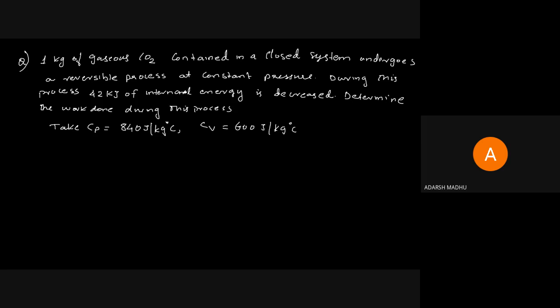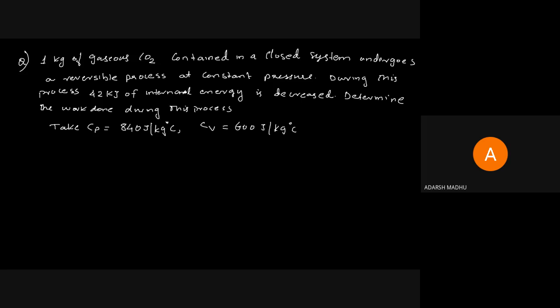During this process, 42 kilojoule of internal energy is decreased. Determine the work done during this process. So, no initial volume is given. No initial temperature and pressure is given. No initial pressure and final pressure. Initial temperature, final temperature is not given here. So, how we can find the value of work done during this process?